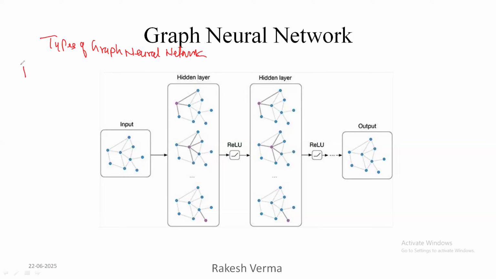So the first type, basically, we can say, is the graph convolution network, GCN.